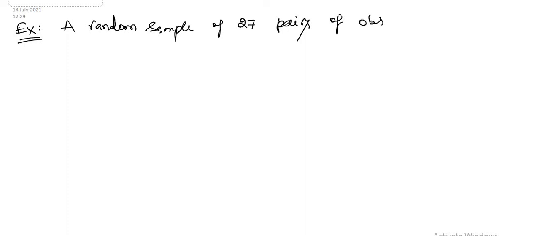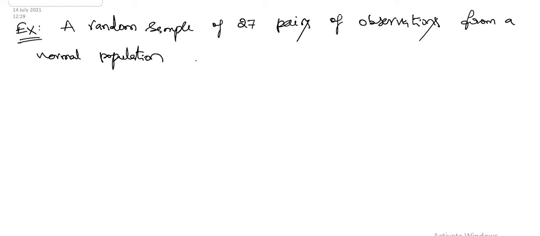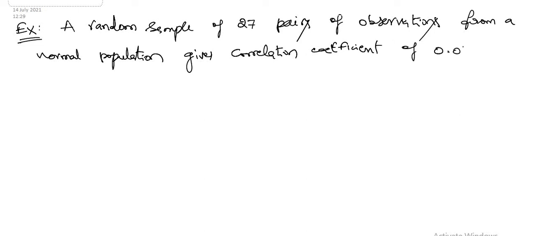A random sample of 27 pairs of observations from a normal population gives a correlation coefficient of 0.42.